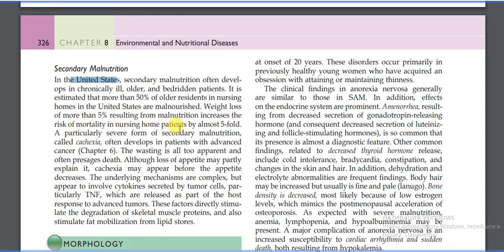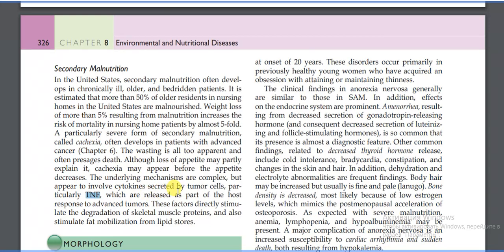A particularly severe form of secondary malnutrition called cachexia often develops in patients with advanced cancer. As I said before, in the case of cancer, there is an increased amount of circulating TNF. You know that TNF is used particularly in acute inflammation. It's one of the most common cytokines produced in acute inflammation. But in the case of cancer, it is overproduced, in the high grade of cancer.